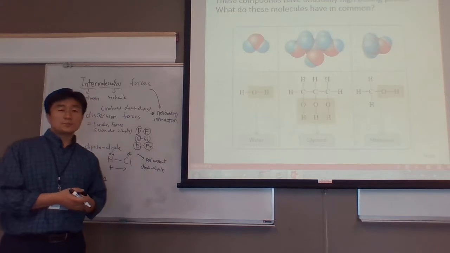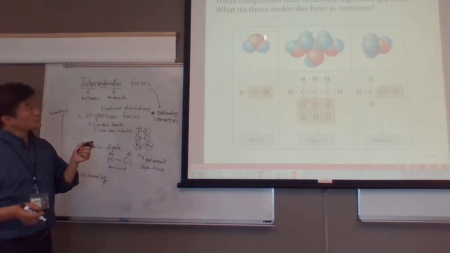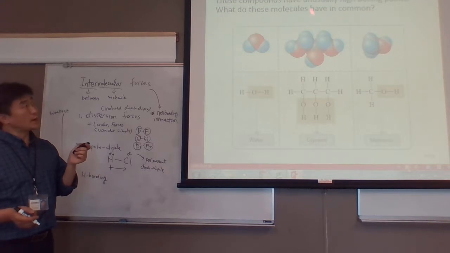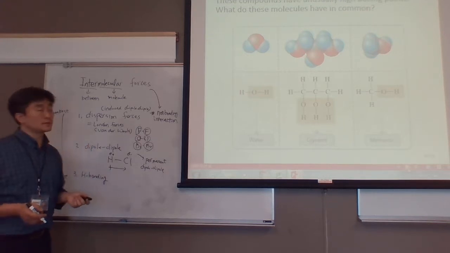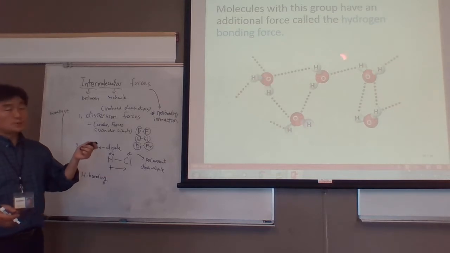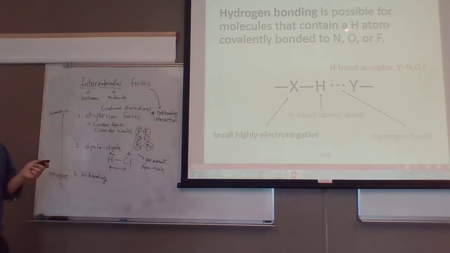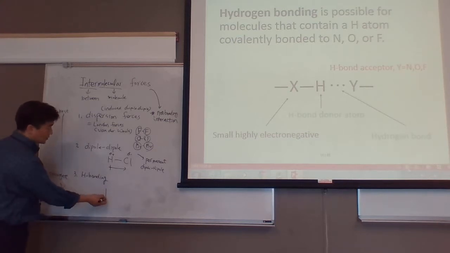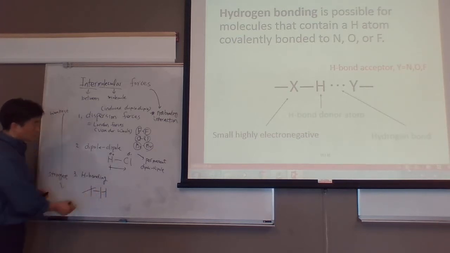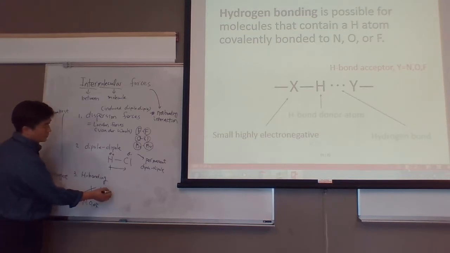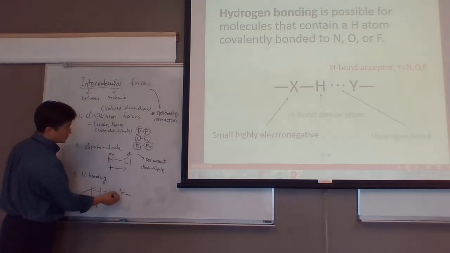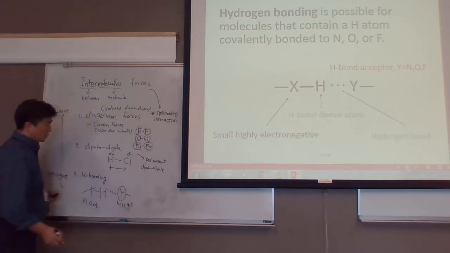So last, we discussed the hydrogen bond. You can see that this molecule contains OH groups, showing an unusually high boiling point, because they form a hydrogen bond. So what is hydrogen bonding? It is possible for molecules that contain a hydrogen atom covalently bonded to nitrogen, oxygen, or fluorine. They interact with another molecule containing nitrogen, oxygen, or fluorine.